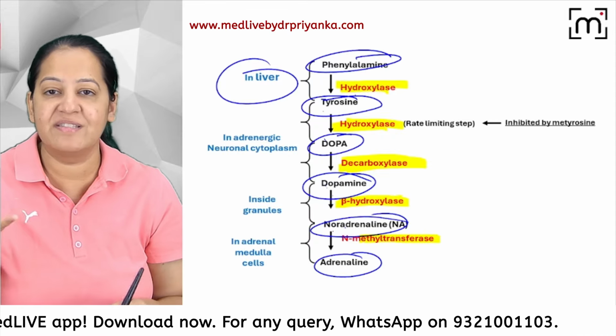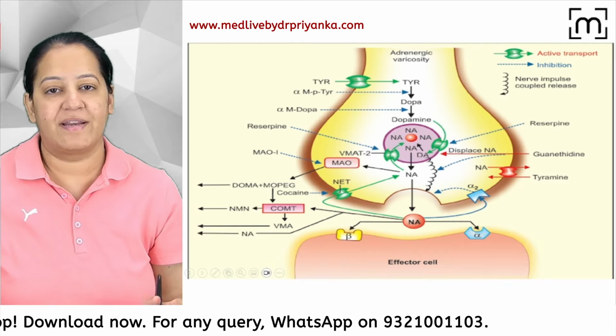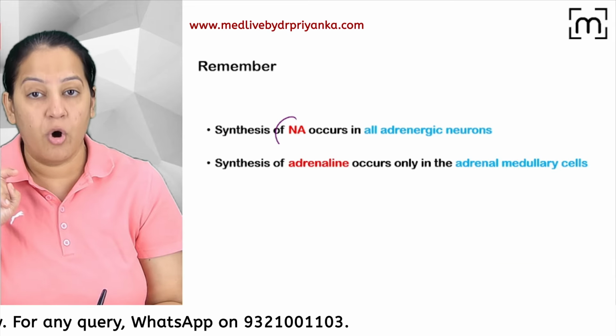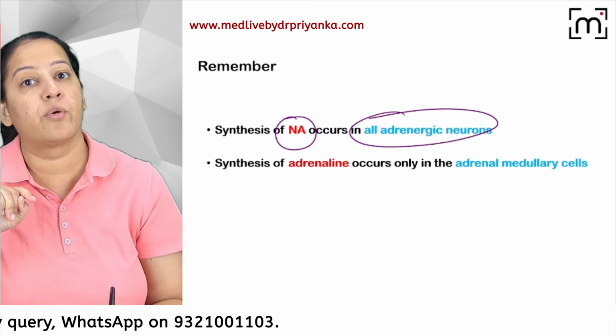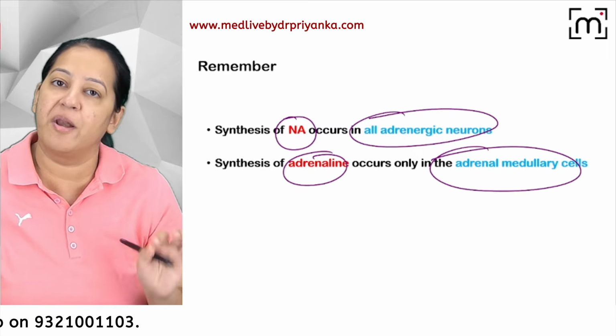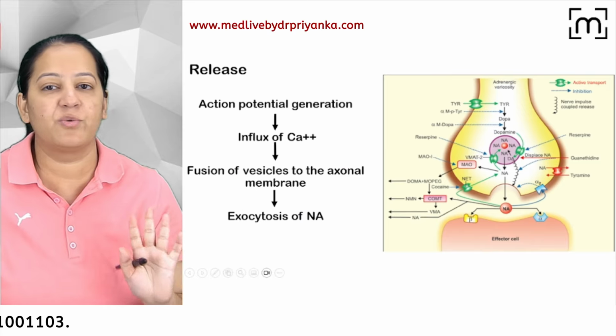You have to mind where these reactions take place. You get many MCQs over here. So noradrenaline is synthesized in all neurons, but adrenaline is synthesized only in the adrenal medulla.